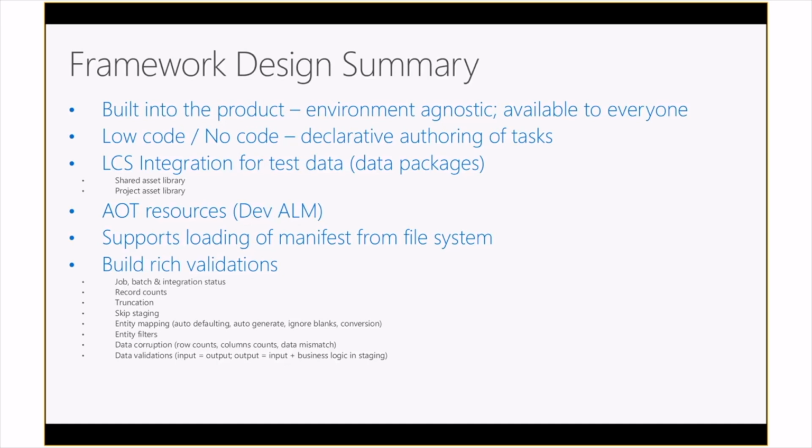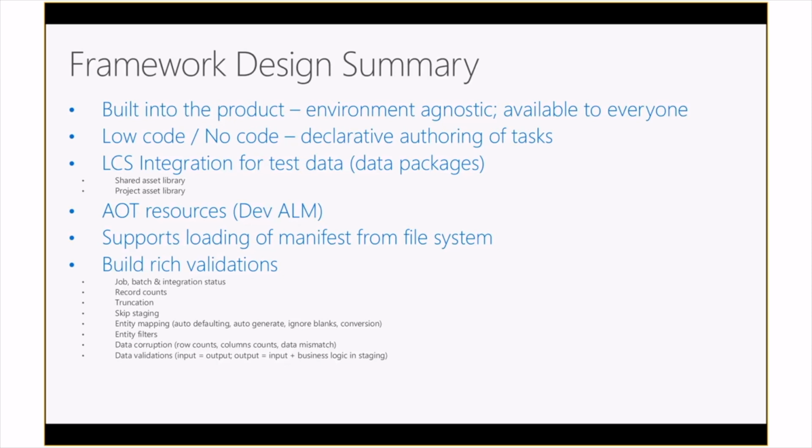The next one, when we say AOT resources, is purely from a dev ALM perspective. So if we take a look at the configuration of data project as a scenario, then very soon one realizes that it will be really nice if the configuration management of data projects and recurring schedules was integrated with the dev ALM itself, the overall ALM itself. And that is where what we mean by AOT resources is the manifest that somebody will write for these tasks to be automated.